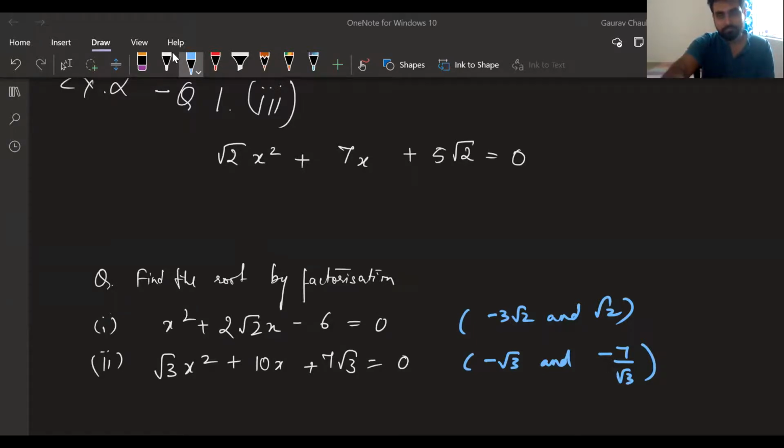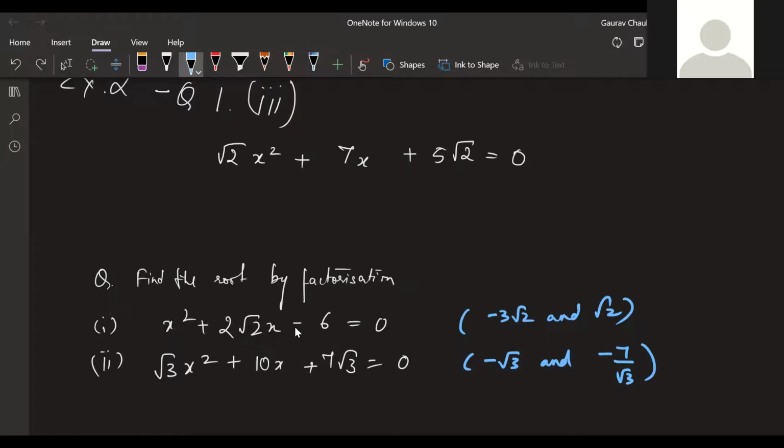Sir, in that additional question, is that root minus 6 or minus 4, sir? Which question you're talking, the first one? Yes, sir. It is x square plus 2 root 2x minus 6 is equal to 0. Okay, I'll share it.